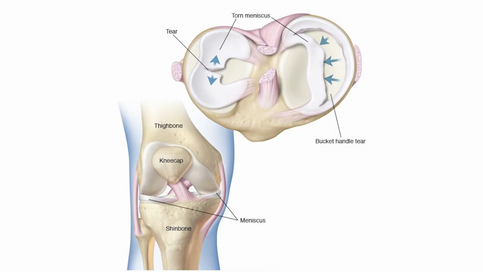In very severe cases, it gets torn. There are tears. This is how the meniscus gets injured.